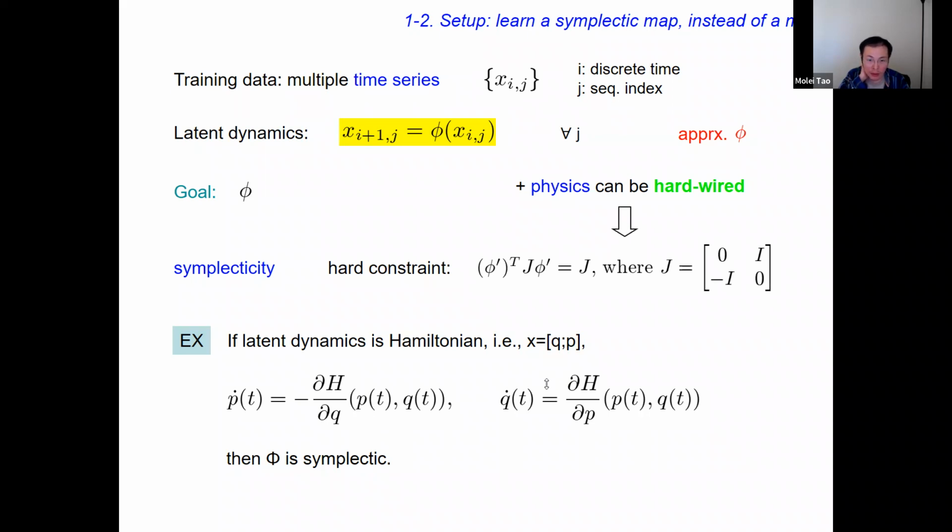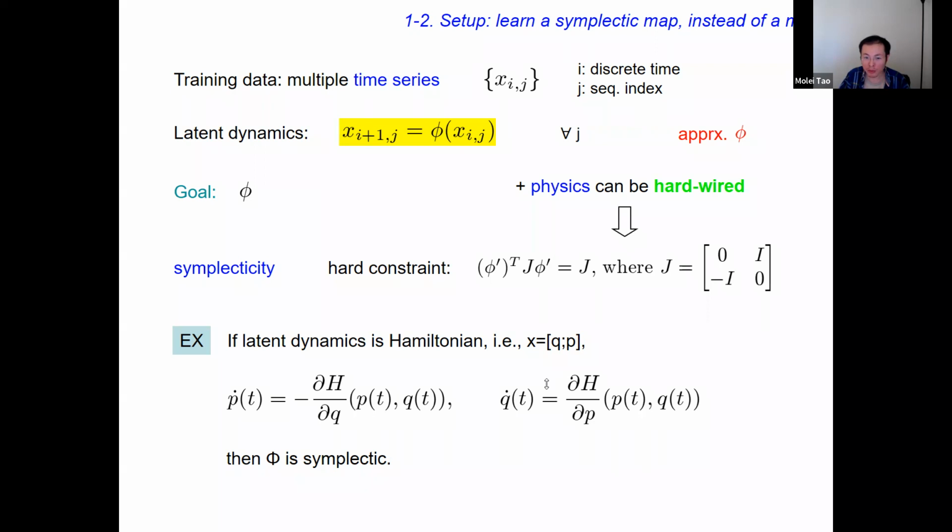This is a great question, and the answer is a little detailed. Number 1, learning the Hamiltonian function is not enough, because then you have to numerically integrate it using a symplectic integrator in order to get a symplectic map.